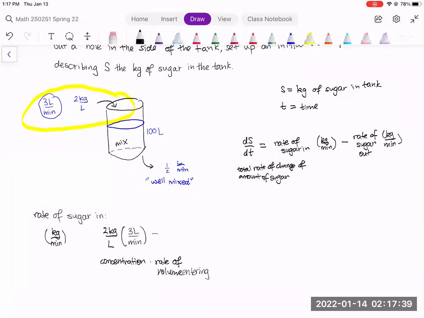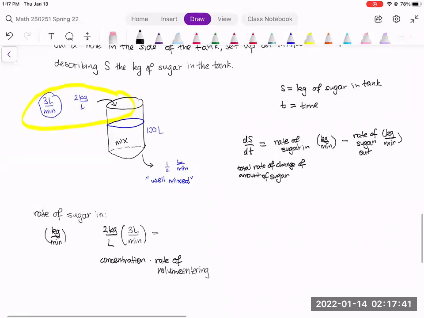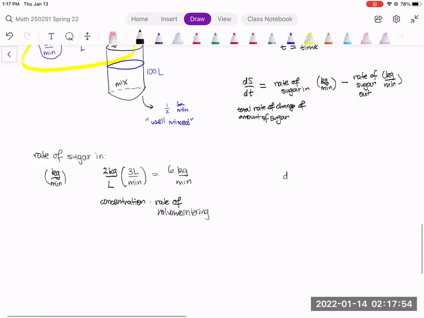Multiplying this out, we see that we have the correct units. We end up with 6 kilograms per minute of sugar being added to the system. So I'm just going to write this on the side: dS/dt is equal to 6 kilograms per minute.